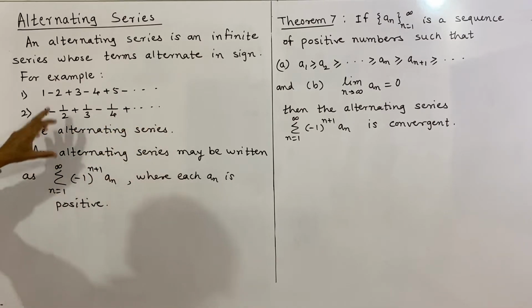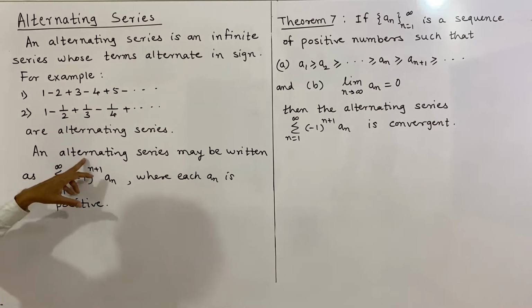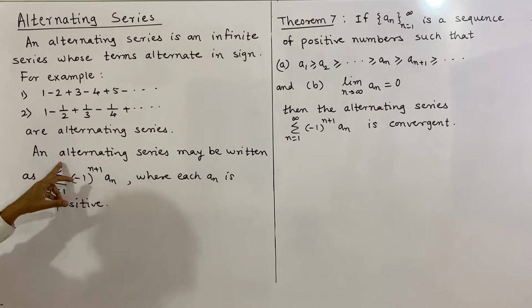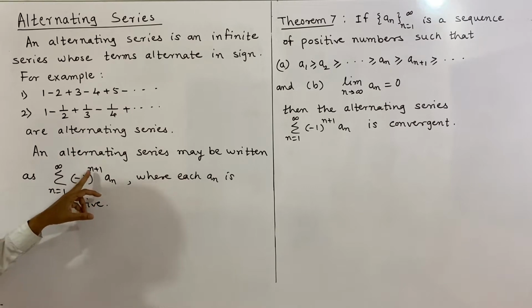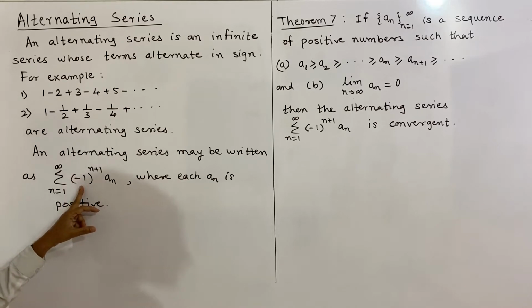So, these are the examples of alternating series, and these series can be written in this form. An alternating series may be written in the form summation n takes value 1 to infinity, minus 1 to the power n plus 1, into an, where each an is positive. This term minus 1 to the power n plus 1 is for the alternating sign, plus 1, minus 1, plus 1, minus 1.